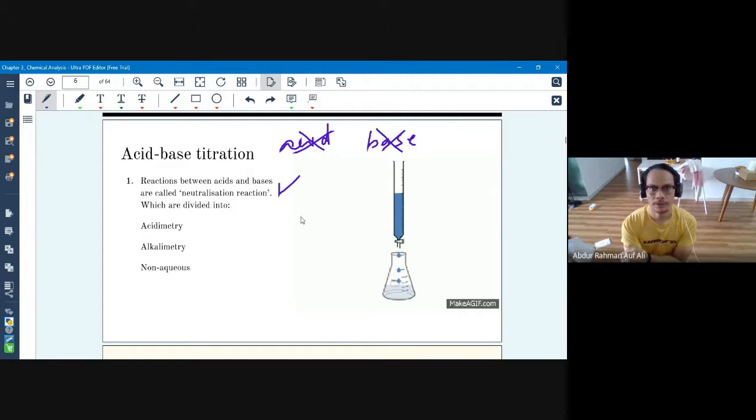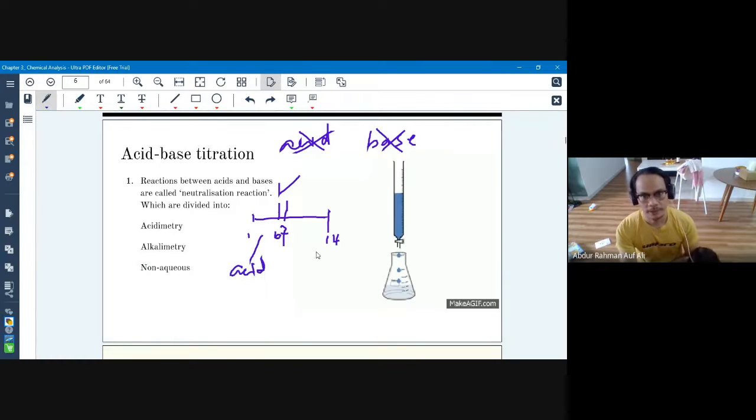Okay, so neutral in this case mean referring to the pH scale, pH 1 until 14. And this is 7, neutral. So if you remember, 1 until 6 is the pH scale untuk acid. 8 until 14 is for alkali.